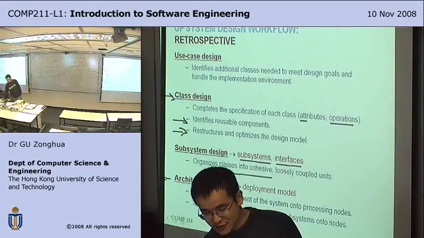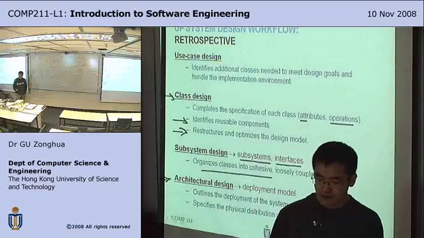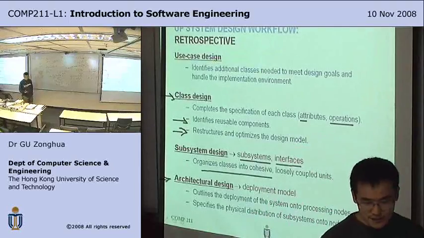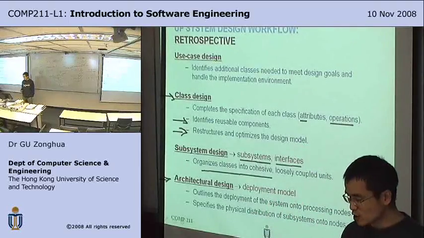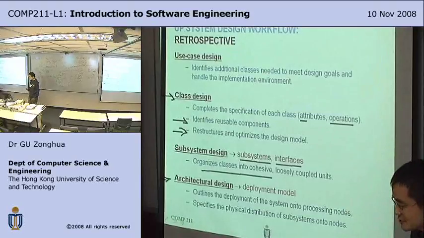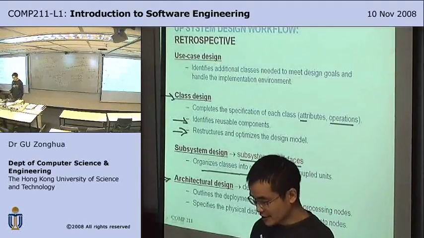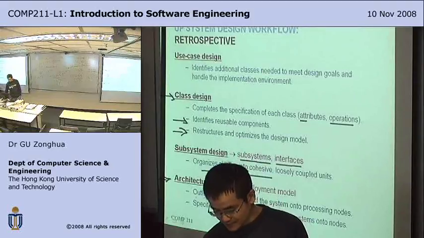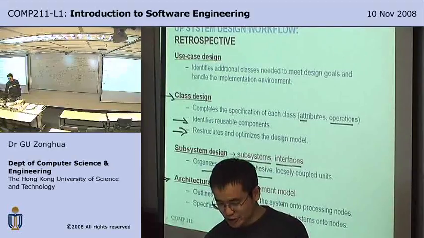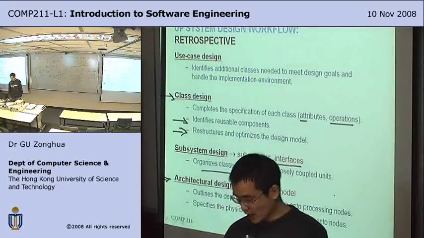And finally, architectural design is the deployment model. It outlines the deployment of the system into processing nodes. Which subsystem gets implemented onto which node, and specifies the physical distribution of the subsystems onto nodes.